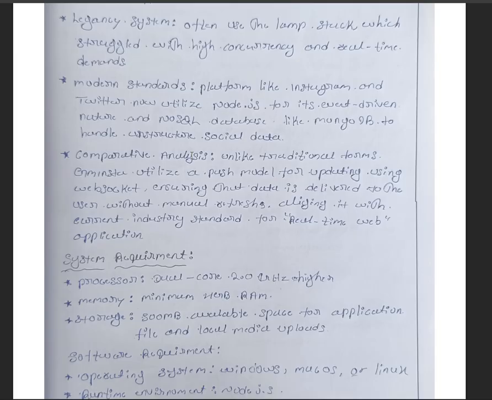Modern platforms like Instagram and Twitter use technologies such as Node.js and MongoDB to manage real-time updates and unstructured social data efficiently. Our system also uses WebSockets technology, which allows instant data updates without refreshing the page. This improves user experience and supports real-time communication.